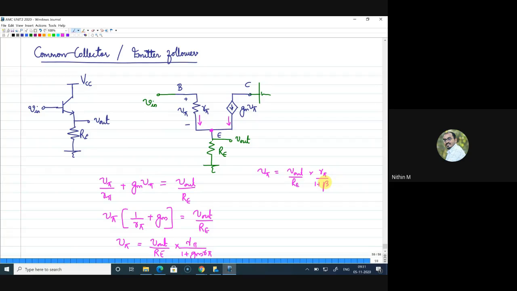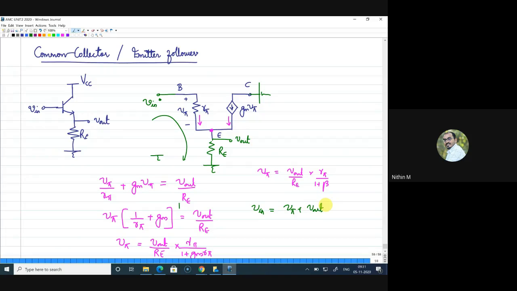Why we try to get an expression for V pi is to substitute for V pi. Now if I write the relationship between input and output by looking at this branch, V in is from this point to ground, so V in is equal to the voltage across R pi plus voltage across RE. Voltage across R pi is V pi and voltage across RE is V out. So V in is V pi plus V out.